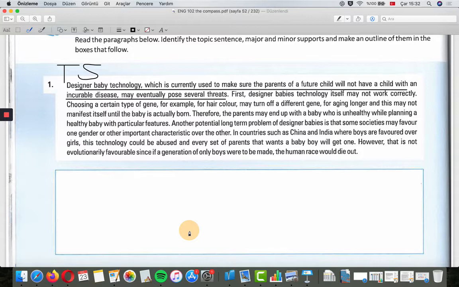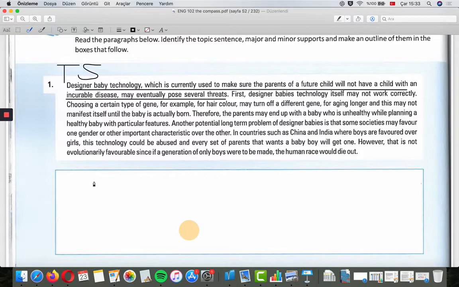It says first, designer babies technology itself may not work correctly. Choosing a certain type of gene, for example, for hair color, may turn off a different gene for aging longer, and this may not manifest itself until the baby is actually born. Therefore, the parents may end up with a baby who is unhealthy while planning a healthy baby with particular features.